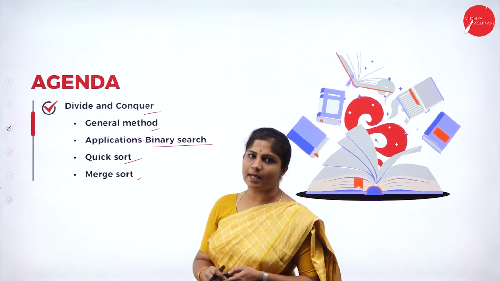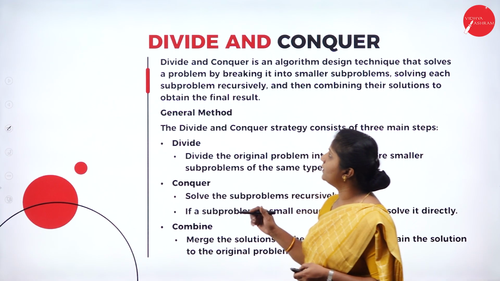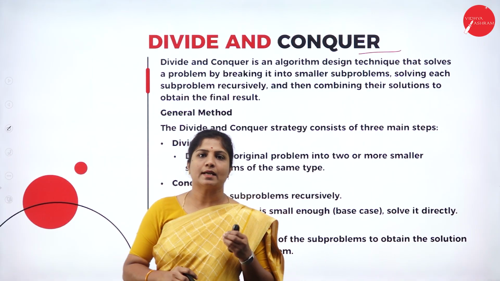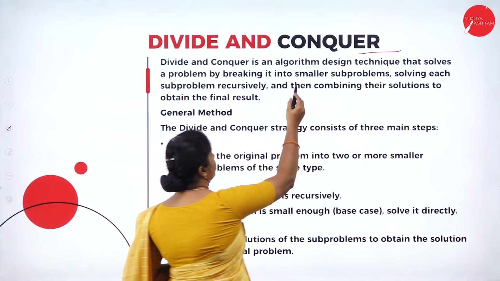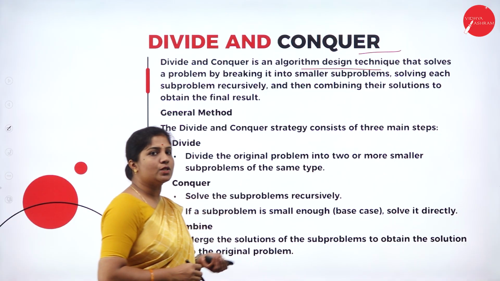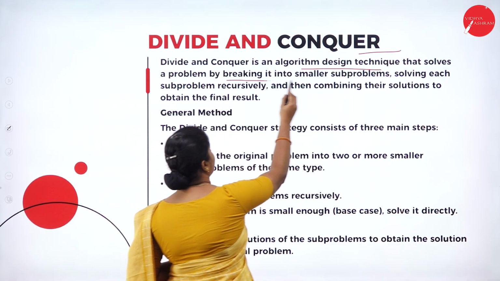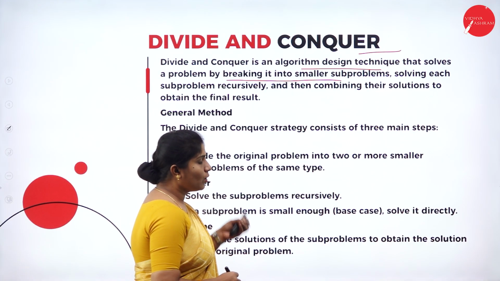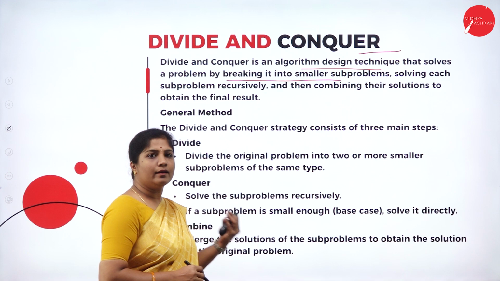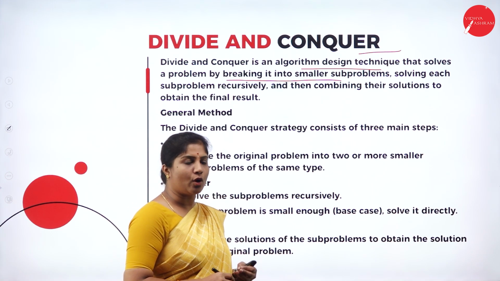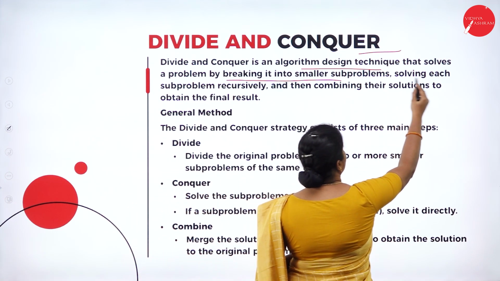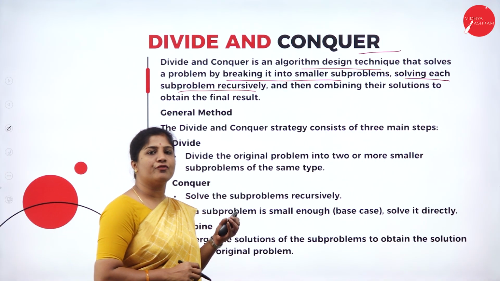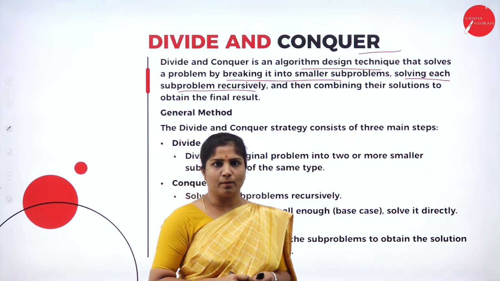Without wasting much time, let us discuss the divide and conquer technique. This divide and conquer technique is a method of algorithm design that is going to solve a problem by breaking it into smaller subproblems. After dividing into smaller subproblems, it's going to solve each subproblem recursively and find the solutions for those subproblems.